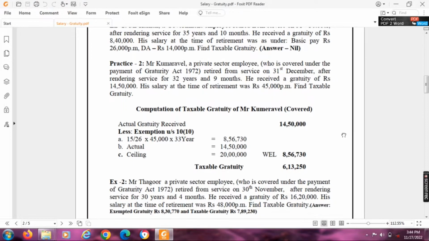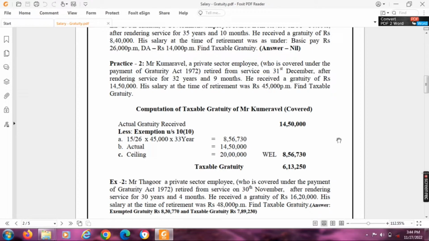Retired from service on 31st December after rendering 32 years and 9 months. 9 months is more than 6 months, so the total years of service will be considered as 33 years because he is covered. He received a gratuity of rupees 14,50,000. His salary at the time of retirement was 45,000 per month. Find the taxable gratuity. Let's see the answer.